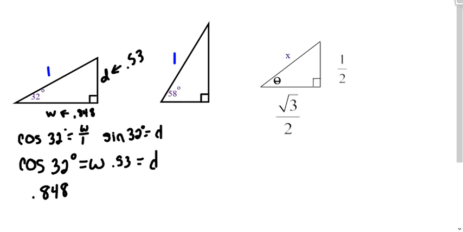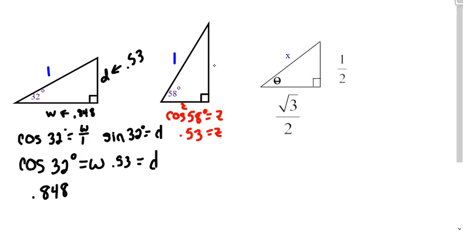Now I've got this triangle, with the same type of situation. Hopefully when you did this already, you came up with this being 58 degrees. This side is adjacent to it, so the cosine of 58 degrees equals Z over 1, and typing that in, the cosine of 58 degrees is 0.53.